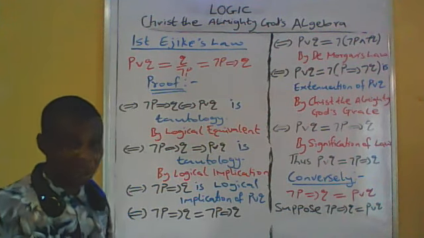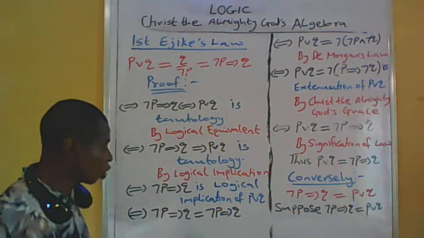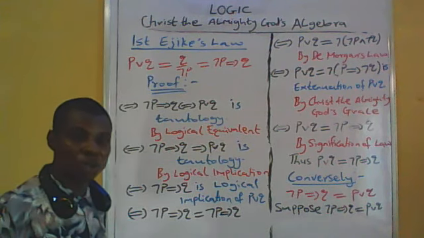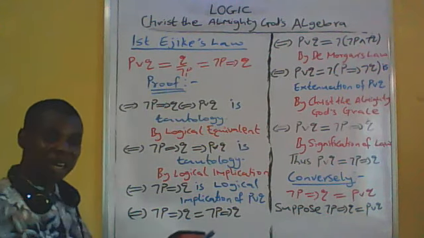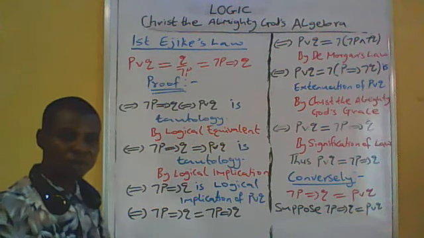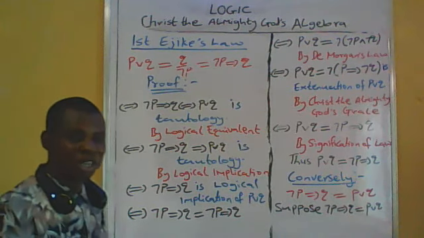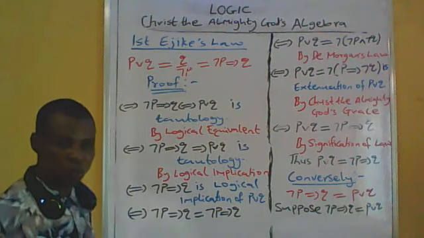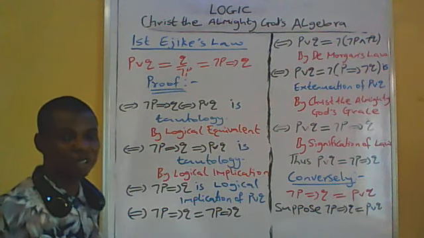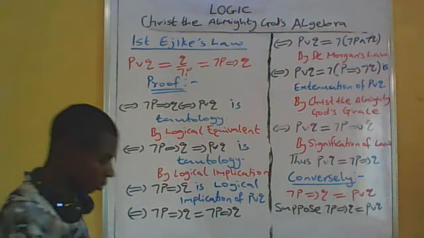That means not P implies Q is equal to not P implies Q is true, because whenever the left side of the equation is true, the right side is also true, and whenever the right side is false, the left side is also false. So we justify by identity, the sameness.